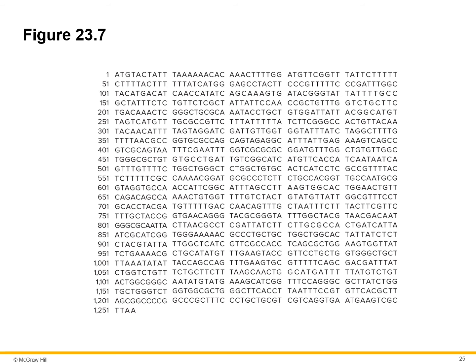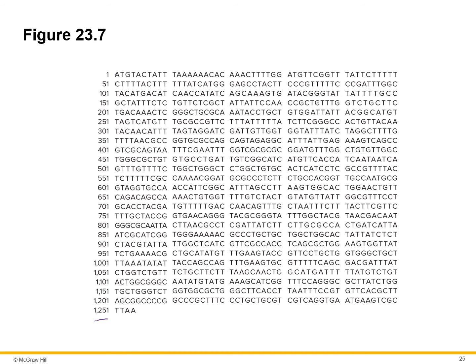For example, this is, I think, the sequence of phenylalanine hydroxylase, but it's the DNA sequence starting with the first base to the 1251st base. And so that is a known genome analysis of one gene.